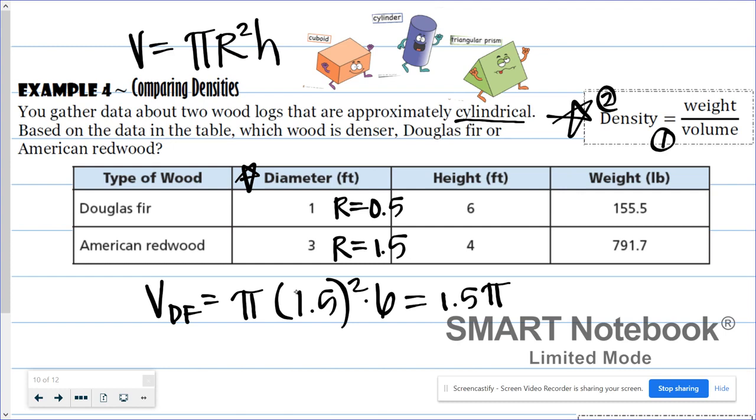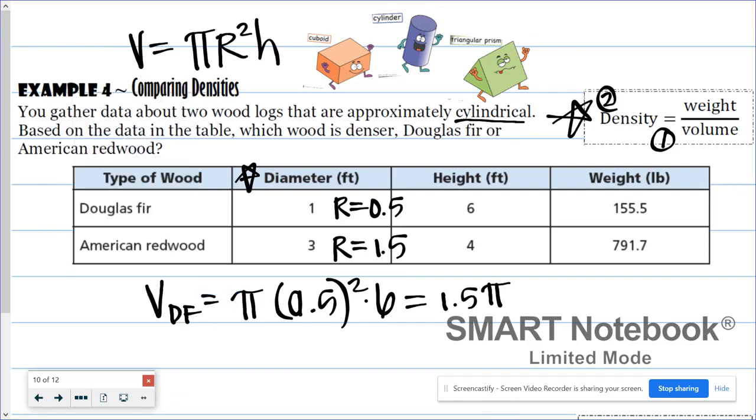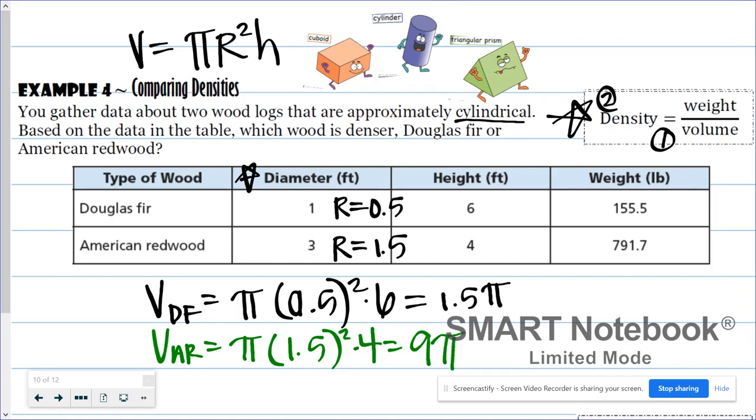So 1.5 pi is the volume of the Douglas fir, and then I can calculate the volume of the American redwood the same way. So pi times 1.5 squared times 4, and that gives me 9 pi. So these are the volumes.